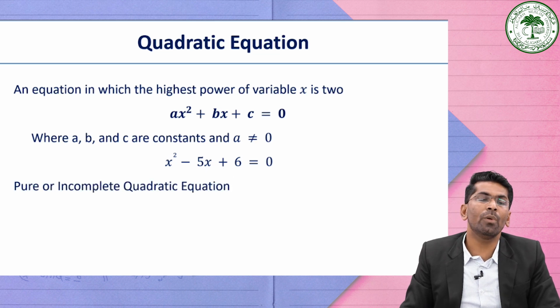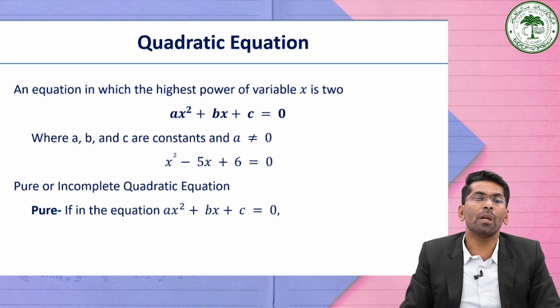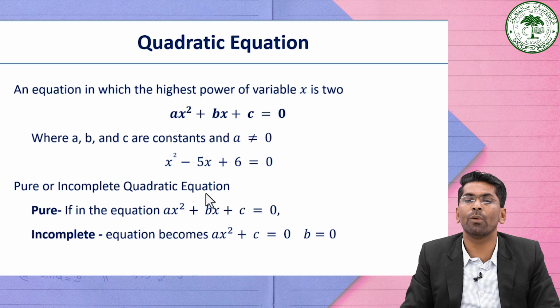Now a quadratic equation may be a pure quadratic equation or an incomplete quadratic equation. A pure quadratic equation, where we have complete terms, is an equation in the form of ax square plus bx plus c equal to 0, where a, b, c are constants and a is not equal to 0. The highest power of x is 2. As against the pure quadratic equation, we have the incomplete quadratic equation as well. What do you mean by an incomplete quadratic equation?